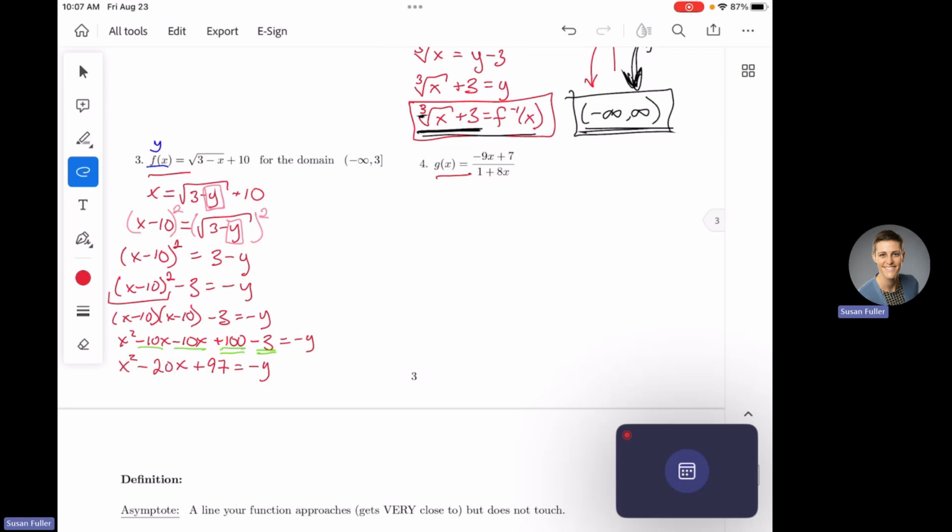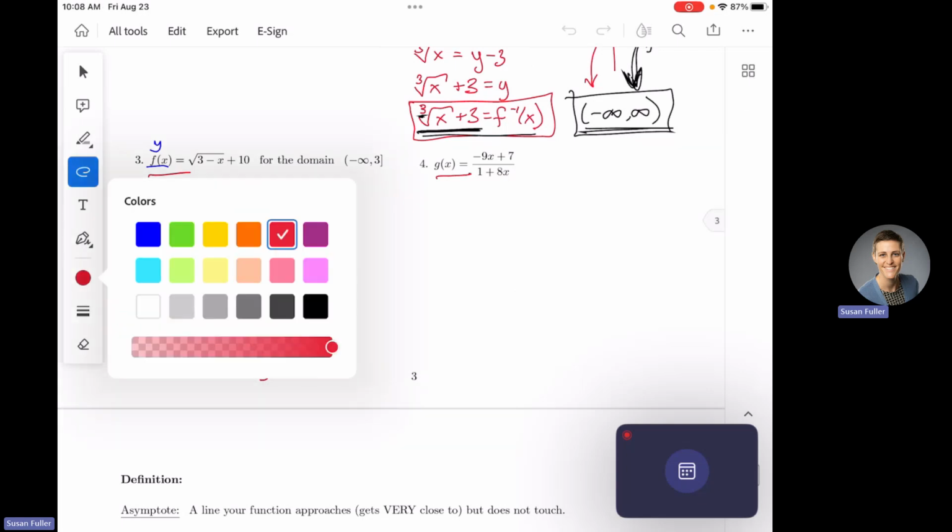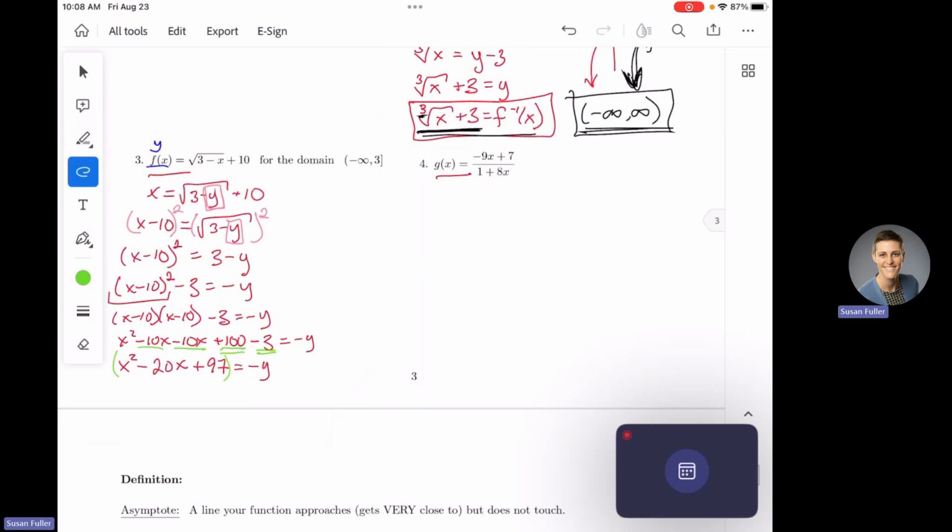Now I can multiply everything on both sides by negative 1 to get y by itself. And then I will get negative x squared plus 20x minus 97 is equal to y. That is my inverse function.